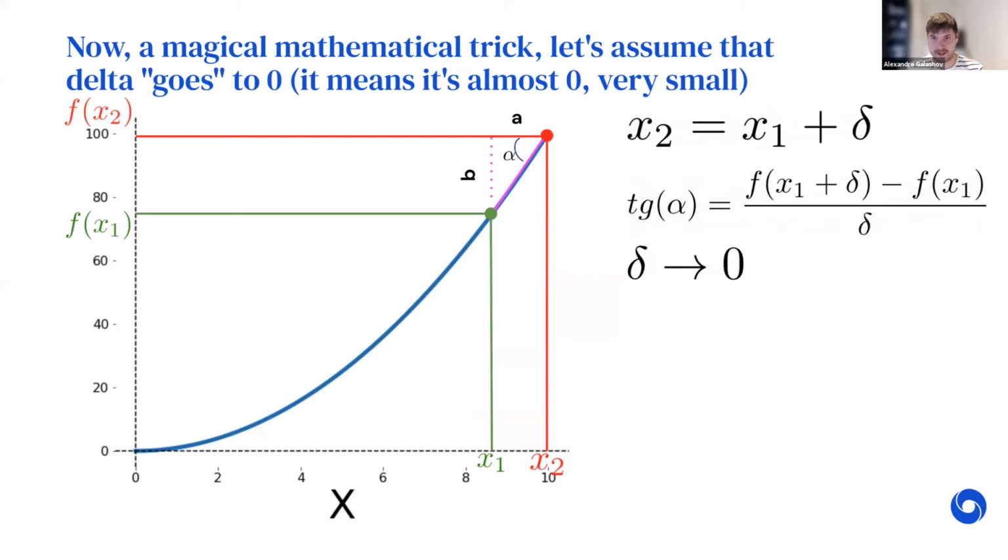It will be smaller than any positive number. It's a mathematical way to say that delta goes to zero. And you see that in this case, these points go so close that it's almost the same point. So x2 will be almost equal to x1. All this figure will become like 1 point.